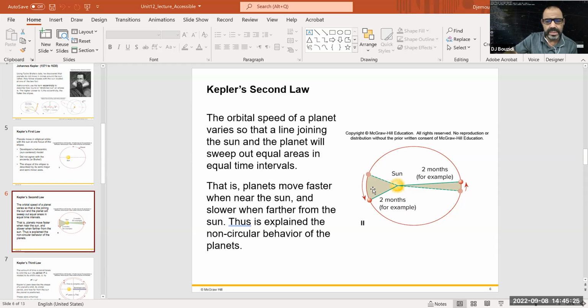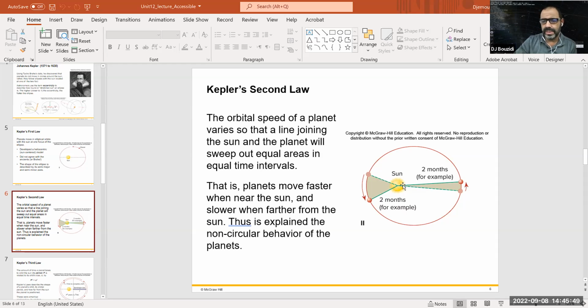If you measure these two areas, they're the same area. Meaning that the planet is moving slower when it's further away from the sun, and it's moving super fast when it's close to the sun. This is because it covers a bigger arc in 2 months in this case, whereas it covers a small arc in this case here.